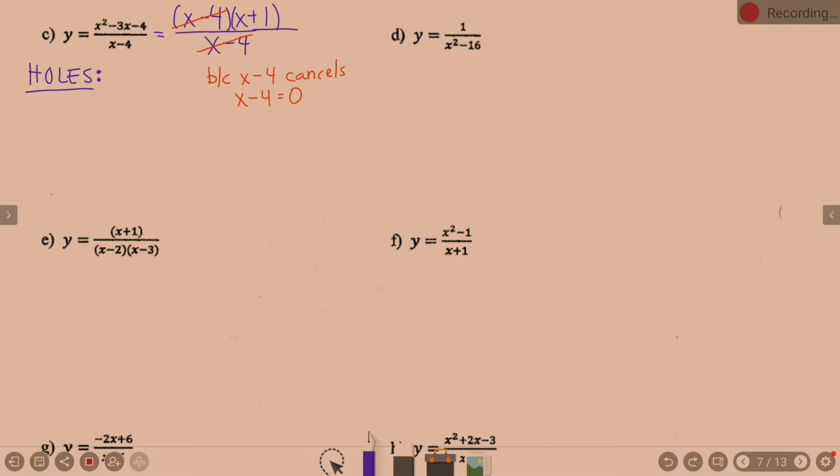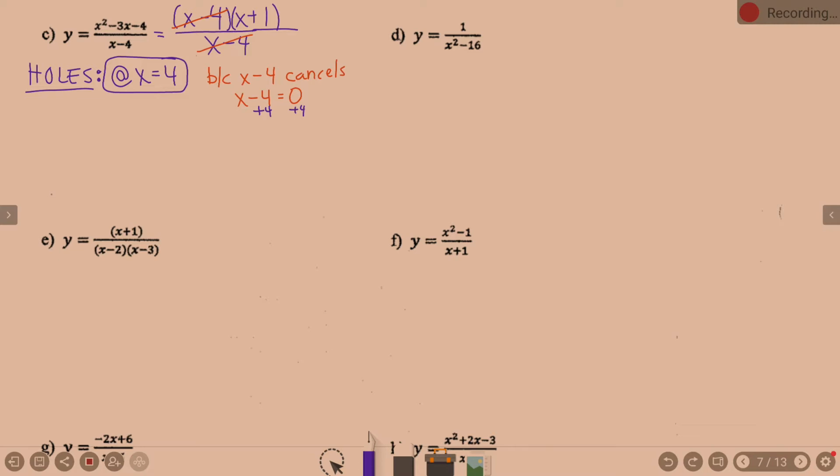Add 4 over, there's going to be a hole at x equals 4. That's an at symbol, by the way. I tend to put an at symbol. I just hear there's a hole at x equals 4. Not that you necessarily have to have the at symbol there. So, what do you get, x plus 4? That's going to hang around. We'll use it later. It doesn't affect holes, though. It's still part of the problem.